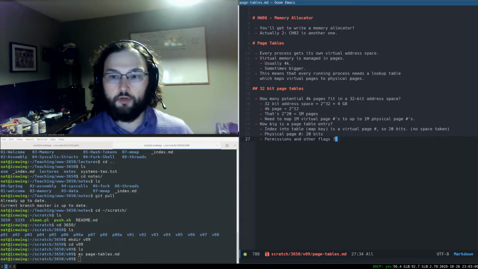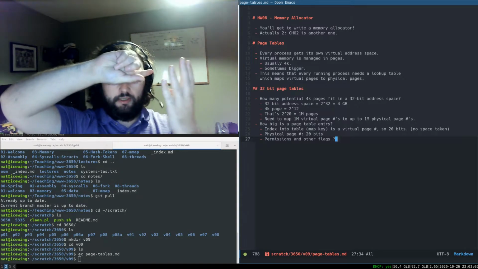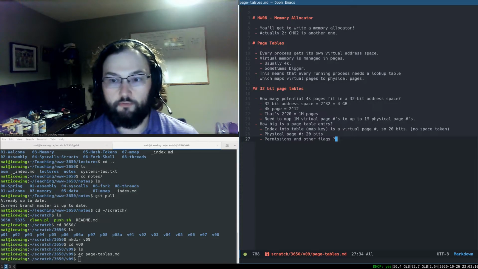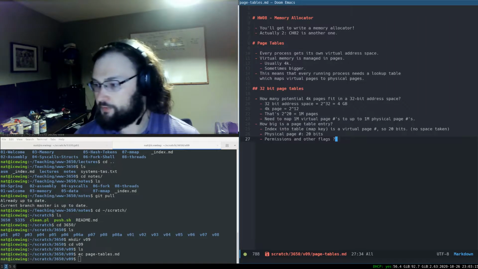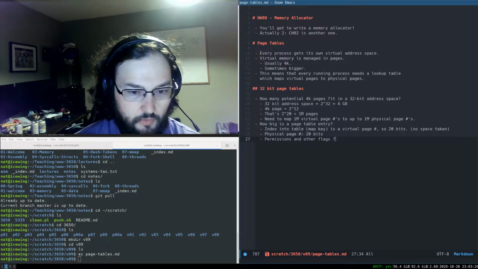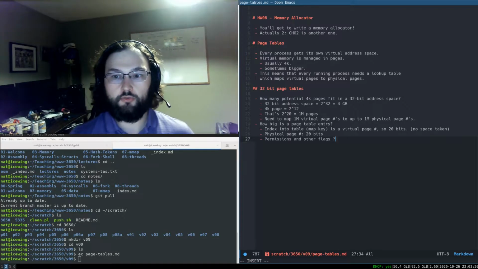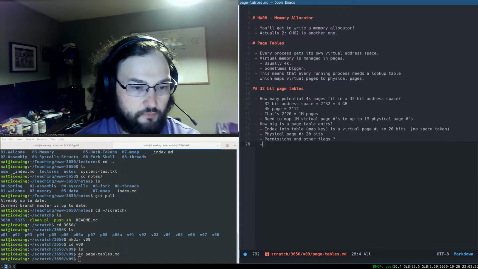Like we know for every page, is it readable, is it writable, is it executable, is it copy on write, we've got some number of things that we need to store in there. And so the real question is, can we fit it in 32 bits or do we need 64 bits? Let's go ahead and assume that we need 64 bits.